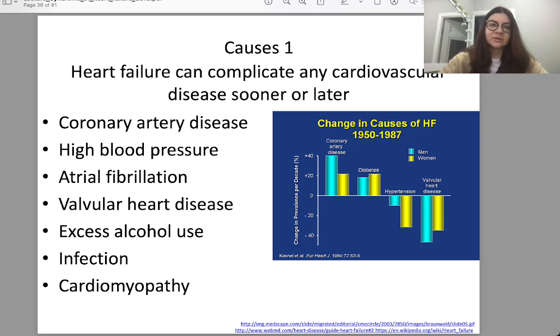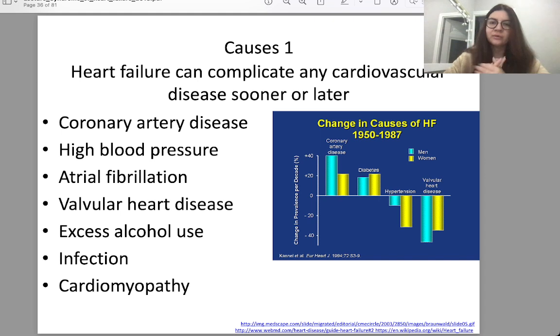Causes of heart failure. Heart failure can complicate any cardiovascular disease sooner or later. One more time, be attentive to this fact, because heart failure is not a disease directly, it is always a syndrome, and it means that it always has some primary disease that leads to heart failure.